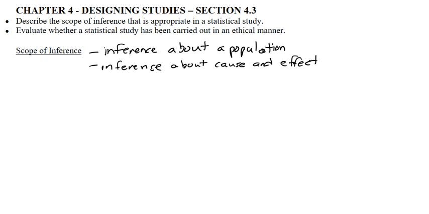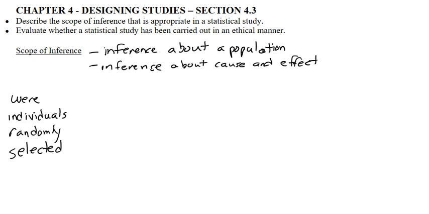Now, when we can do this scope of inference, we have to have a couple things met here. And we ask these questions. Were individuals randomly selected? Okay, did we randomly select people from the population to be in our study or whatever it is? There are two possible things.